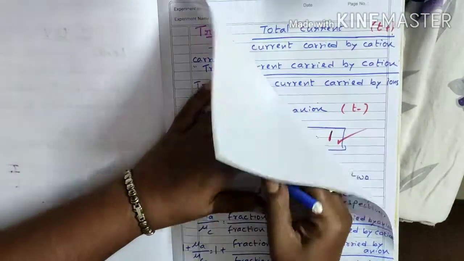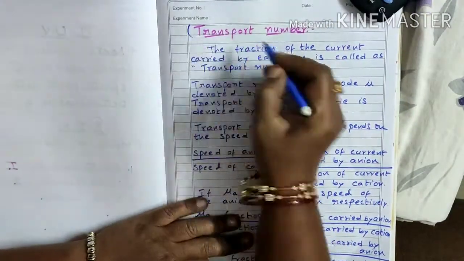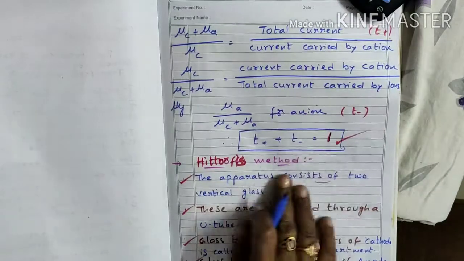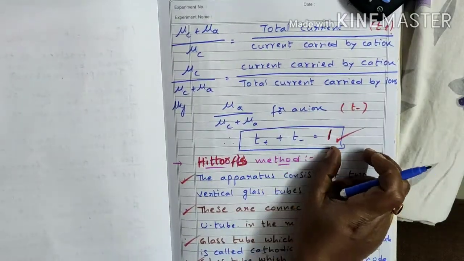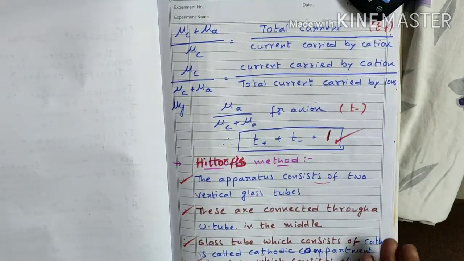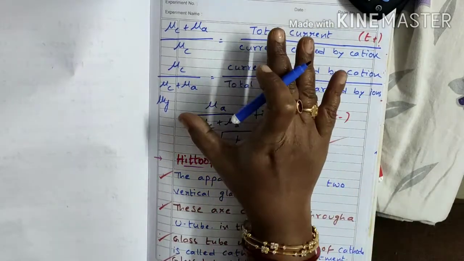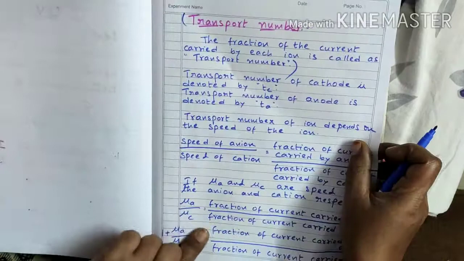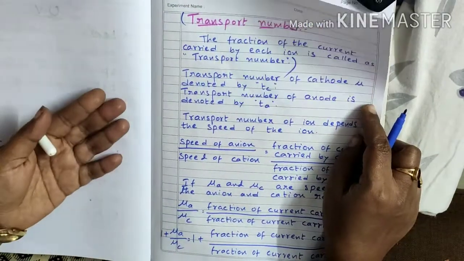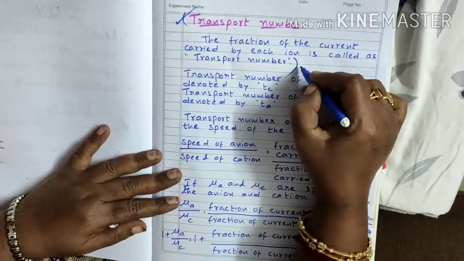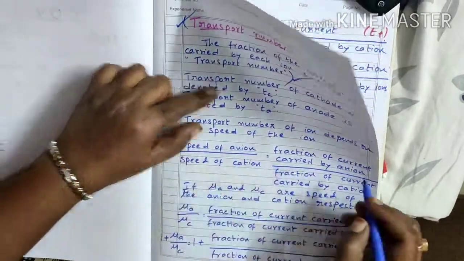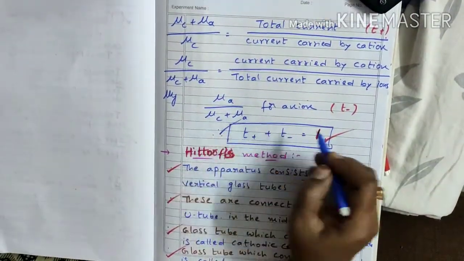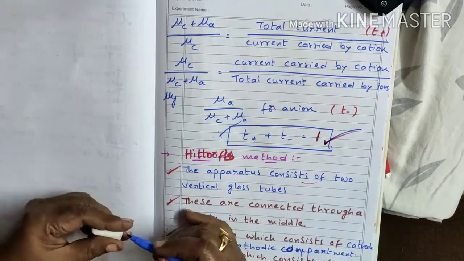We must write the definition, and t plus plus t minus is equal to 1, and then explain the Hittorf method with the points. If only transport number is asked as a short question, write down the entire topic. And if you are not capable of remembering it, at least remember the marked points. Okay. Thank you.